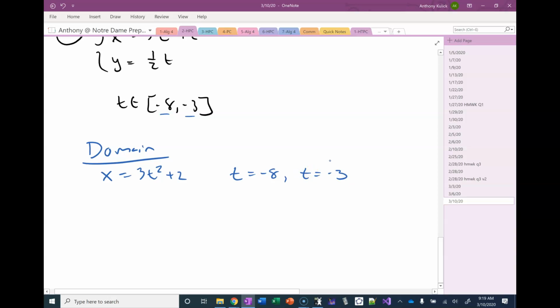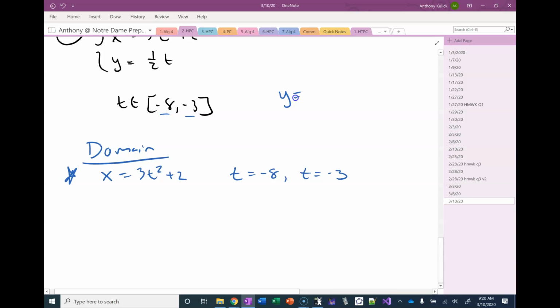And since this equation here is quadratic, I'm going to be concerned about where the vertex is as well. So if I look at this equation and think about this as a function of t, the vertex of this would occur when t is equal to 0, right?